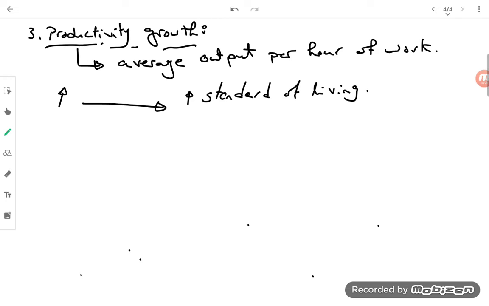There is a special case of an economy with zero productivity growth. This is known as a zero-sum society.